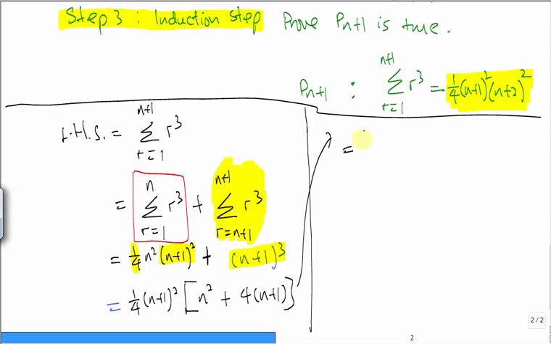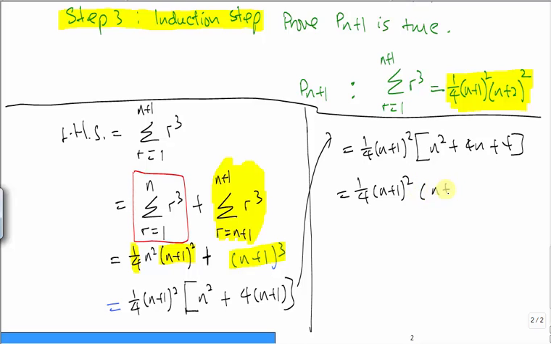So from here, n squared plus 4n plus 4. If I factorize this, this will give me n plus 2 squared, which is equal to the right hand side of the expression. Okay, so shown.